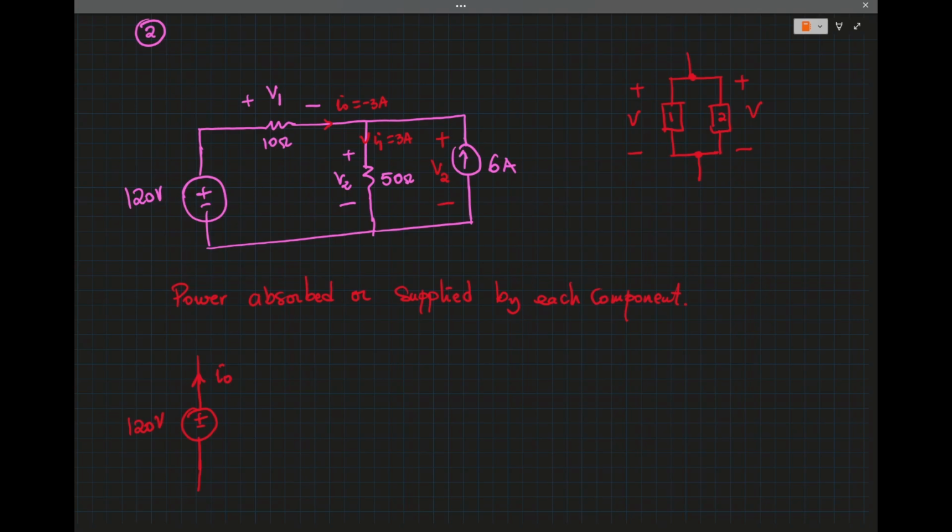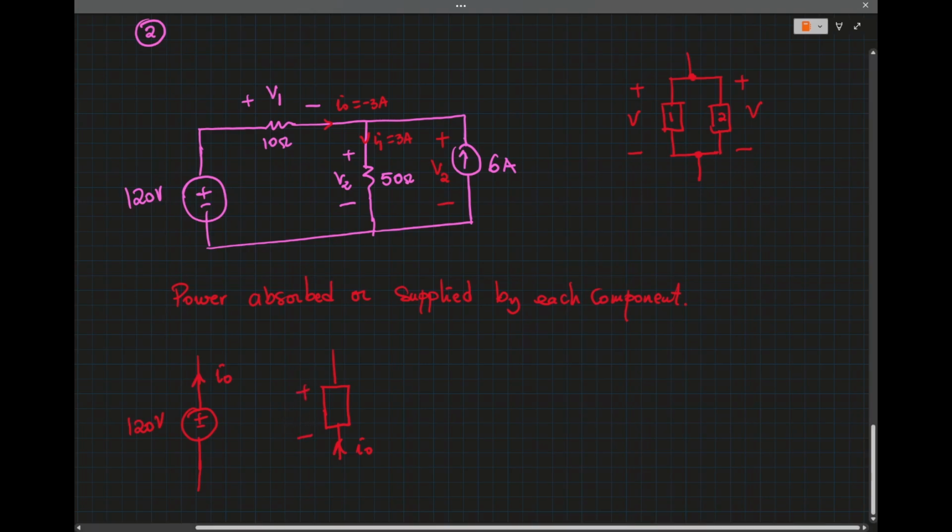Okay, so let's calculate P. If I look at this as just a component, we know that I0 is flowing this way and the voltage is like this.